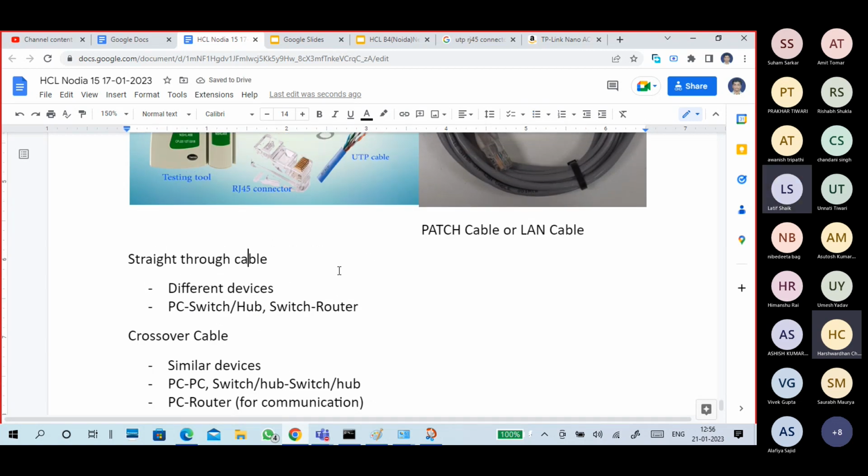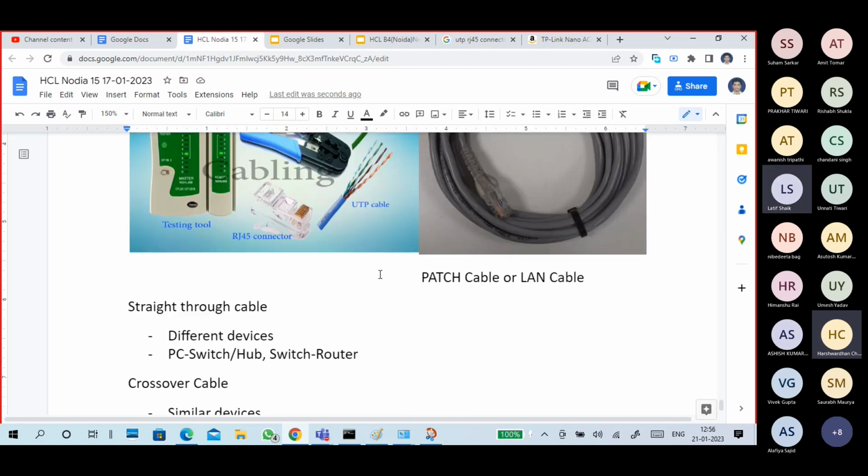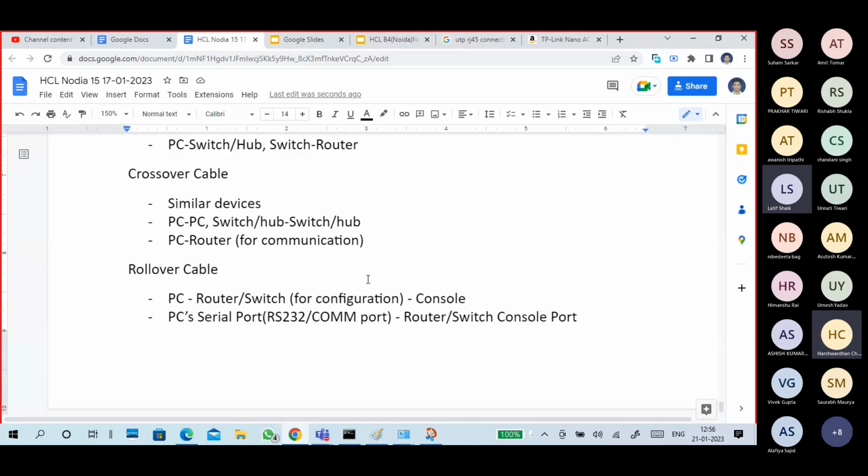Straight through cable: you have a PC connected to a switch, or you are connecting a switch to a router, we use straight through cables. Similar types of devices, like with a crossover, we have to use. Of course, the pin configuration is also there, but I'm not going into that.